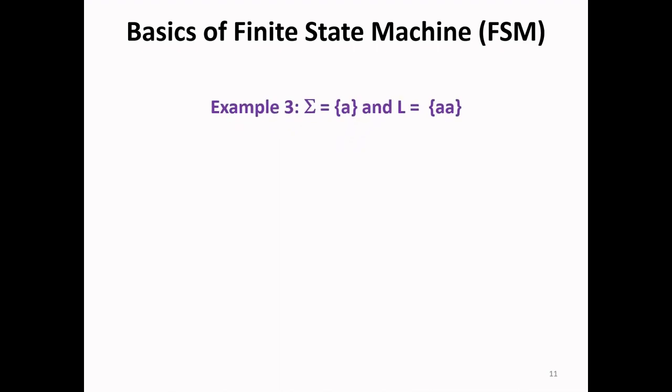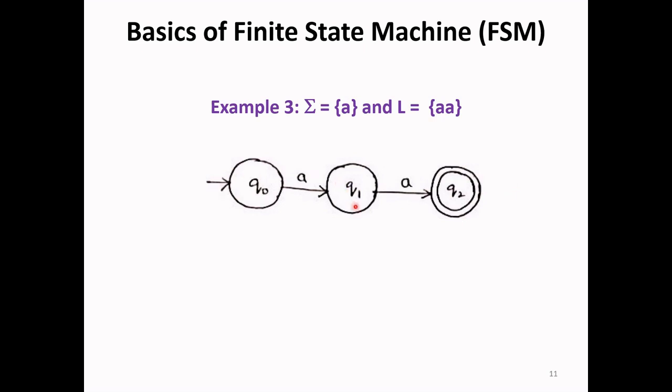Let us consider a language consisting of a string of length 2. An FSM for a string of length 2 needs three states, Q0, Q1 and Q2, where from Q0 a compulsory A reaches Q1, and again from Q1 the second compulsory A goes to the final state.